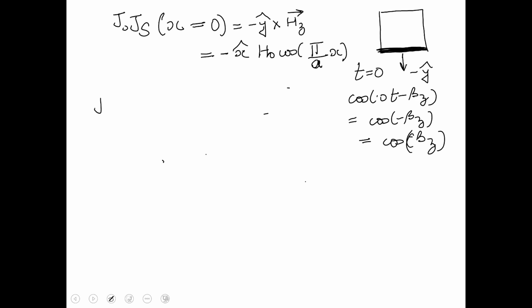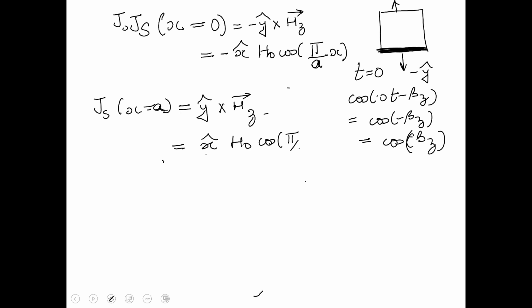Similarly, the current on x is equal to a is going to be, now the normal component is pointing upwards, so it is going to be y cross hz, and it will be x cross h naught cos of pi a by x.